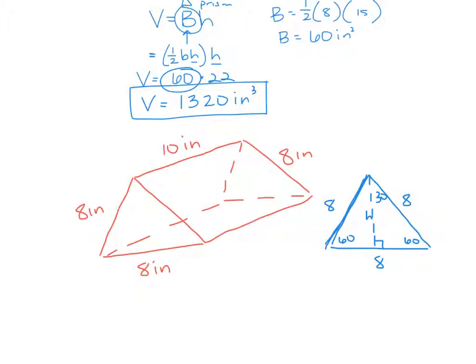Okay, so in a 30, 60, 90, this piece right here would be 4. So what is your height? That is 4 rad 3, right? This is your L, this is your 2L, this is your L rad 3. So my height right now will be 4 rad 3.